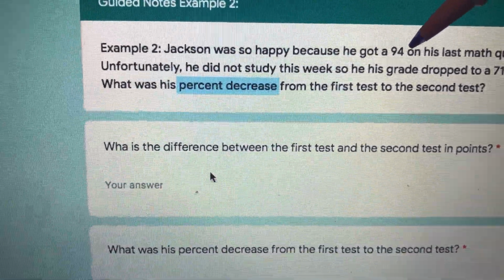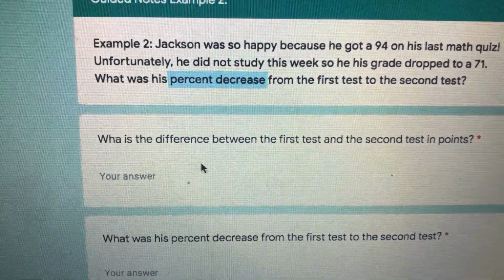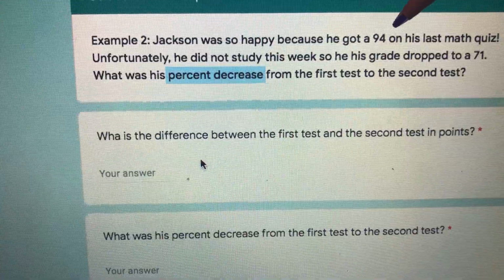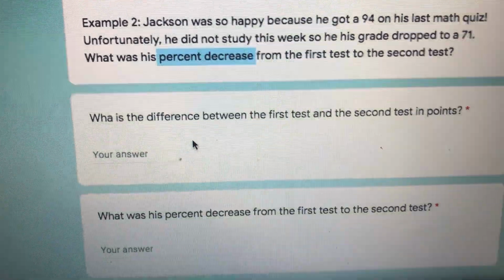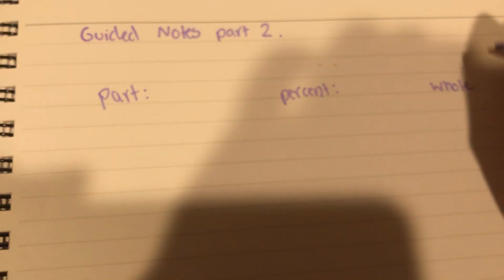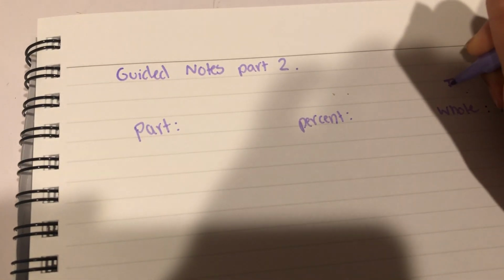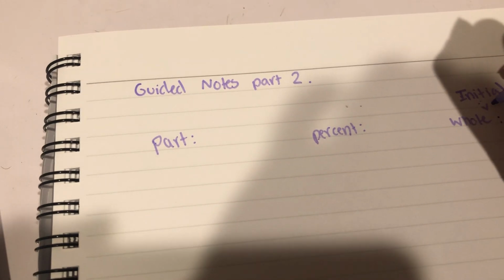So he originally, in the beginning, received a 94. His new score, or his new value, is 71. So the original is 94. Now the original total is always the whole. So the whole is 94. And we're going to write here the initial value.